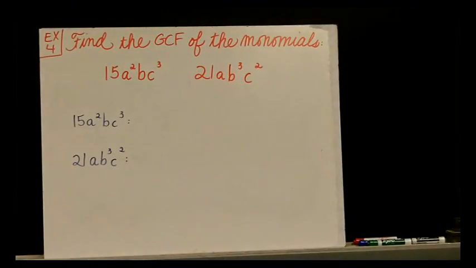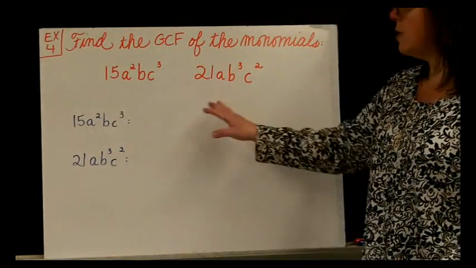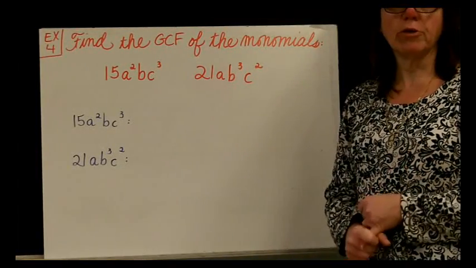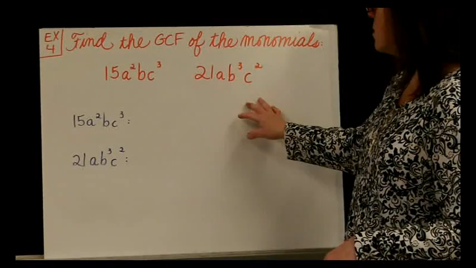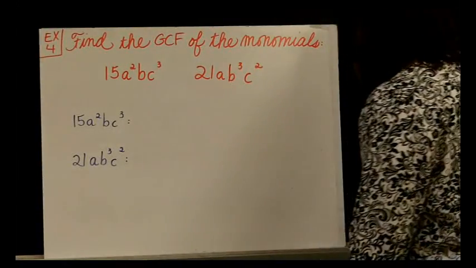Now our 4th example also has monomials in them, but you'll notice that while in example 3 we had only one variable, the variable y, these monomials have 3 variables, a, b, and c.